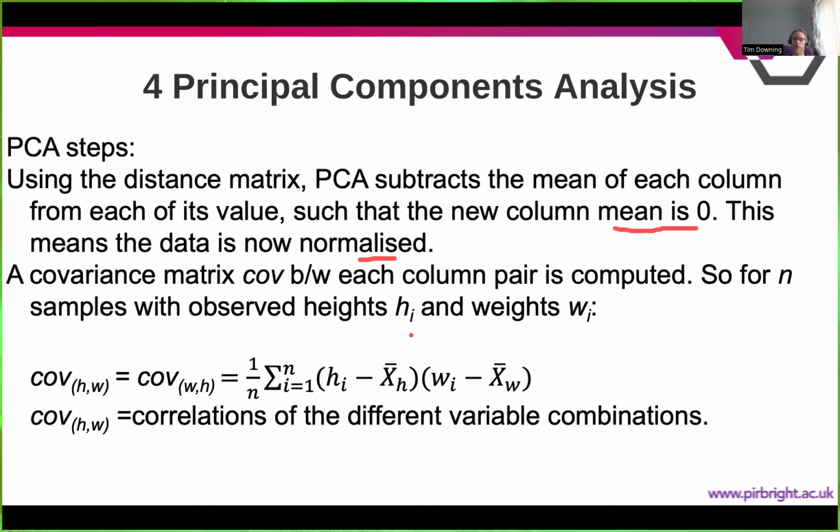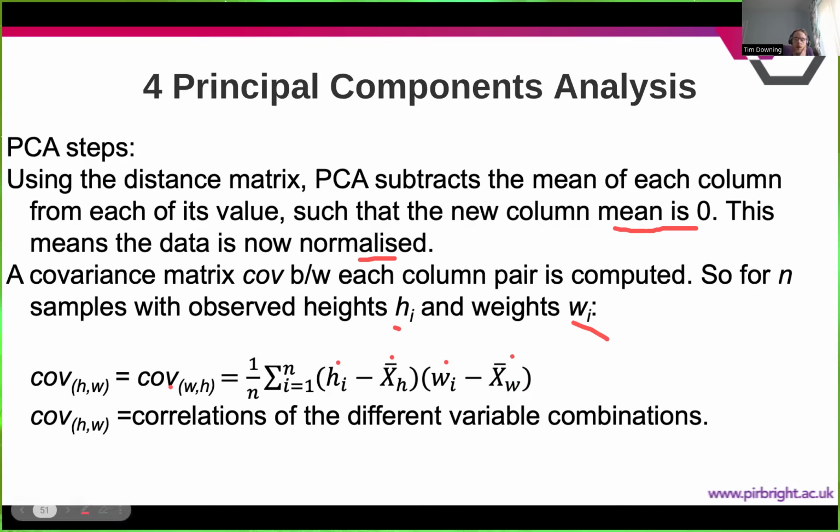So if we've some heights in one column and some weights in the other column, we'll look at the covariance across all the data, going from i equals 1 to n, that is present. So we'll take the difference between the height i minus the average height, and because this is normalized, this average will be 0, and the weight i minus the weight average, which is going to be 0 as well.